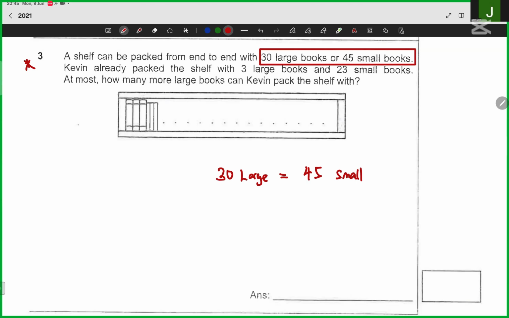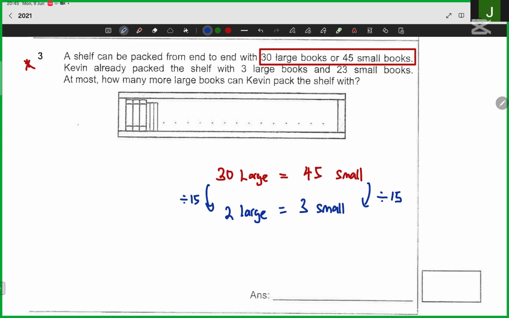You must realize that 30 and 45 can definitely divide by 5, but actually you can divide bigger. You can divide by 15. If I divide by 15 down here, I'll realize that 2 large is actually equal to 3 small.